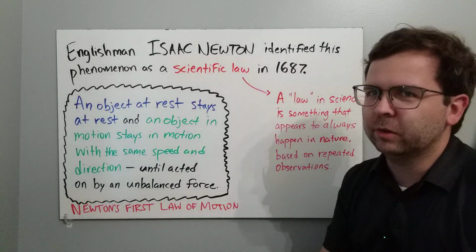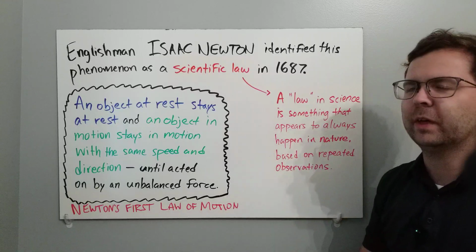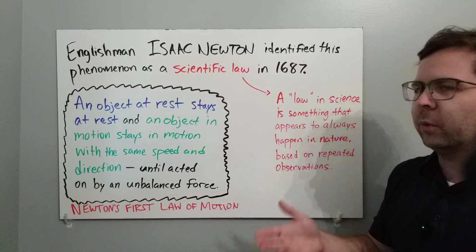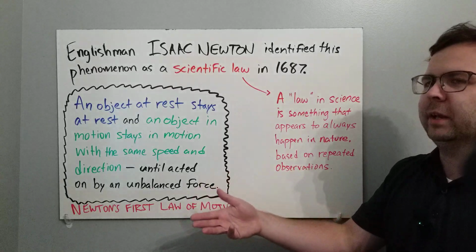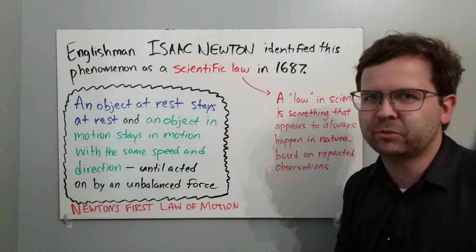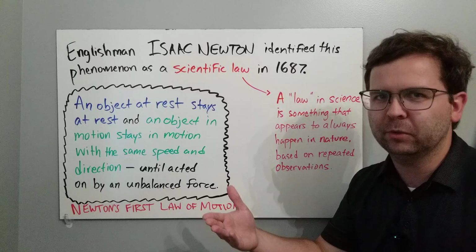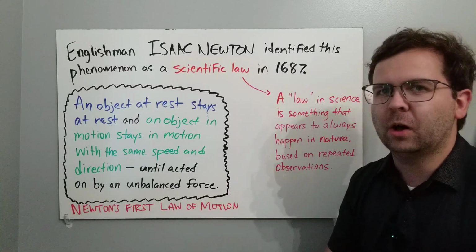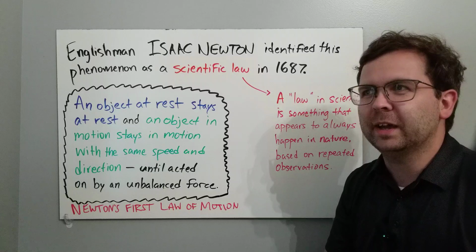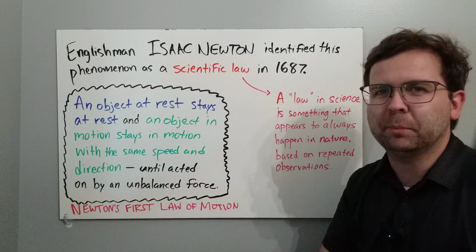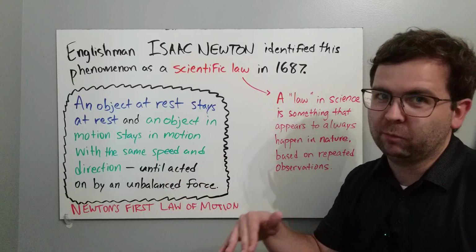And just as a side note, a scientific law is something that seems to always be true. It appears to be always happening in nature based on repeated tests and experiments. And we call it a law after enough time has passed where enough people have done experiments on it, and it seems pretty likely this is always going to happen. So objects always remain at rest, for example.